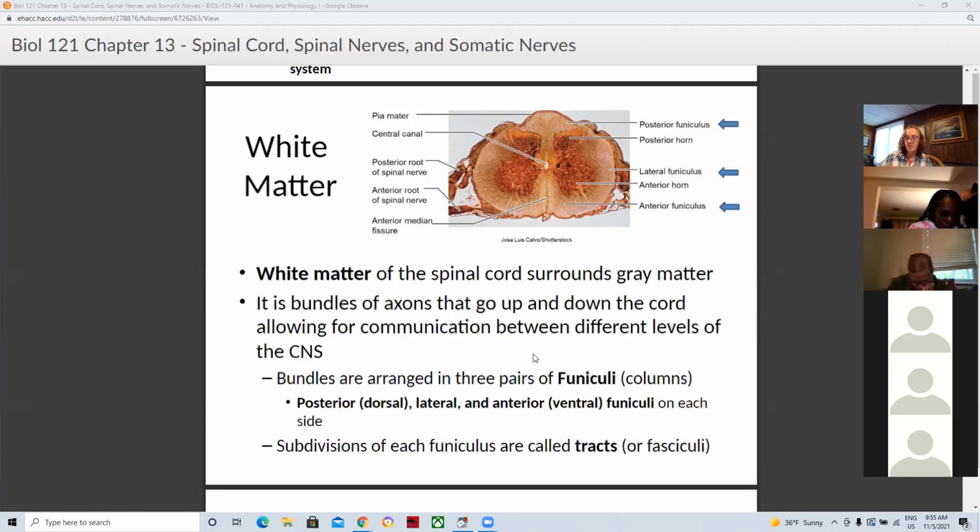The subdivisions of each funiculus are called fasciculi or tracts. We'll see fasciculi again later.